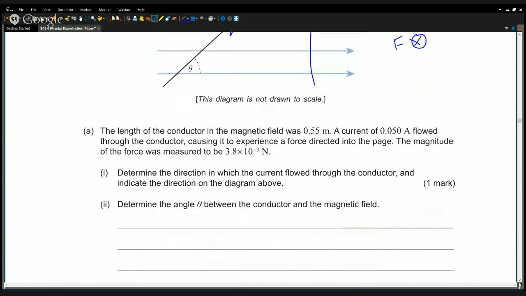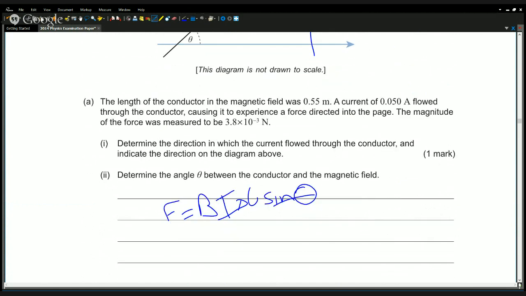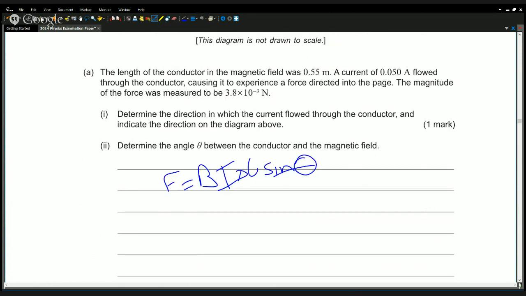Determine the angle theta between the conductor and the magnetic field. You've got F equals B I delta L sine theta. Let's rearrange that: sine theta equals F over B I delta L. Theta is equal to the inverse sine.